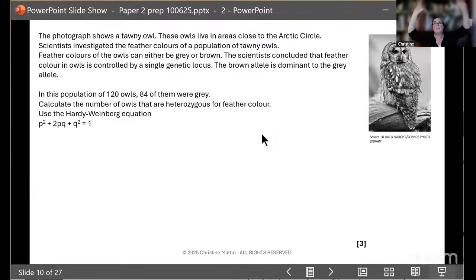I do feel evolution, for those of you who weren't here earlier, evolution and classification, I feel like is coming. But the way they're going to do it could be a bit bizarre, because patterns of inheritance, natural selection, and Hardy-Weinberg is a great topic to assess your understanding of how things are passed on.